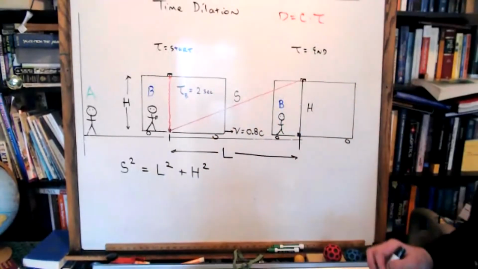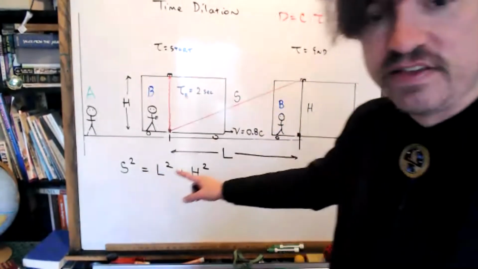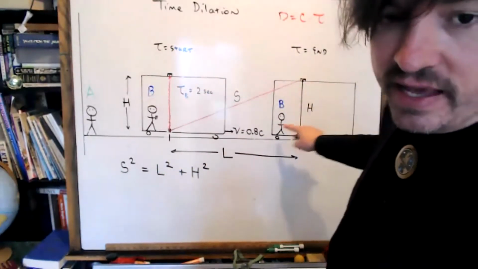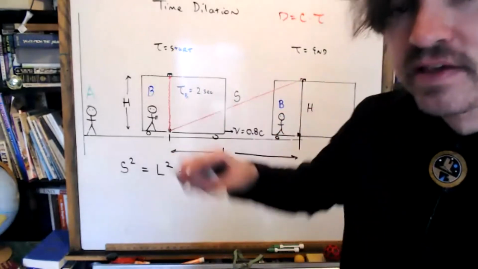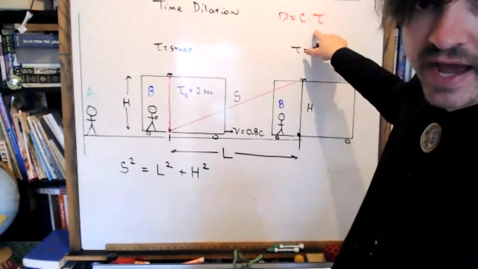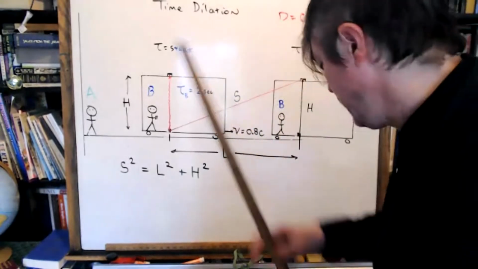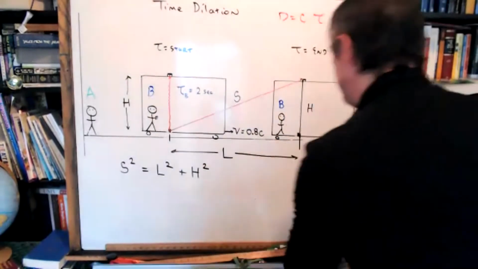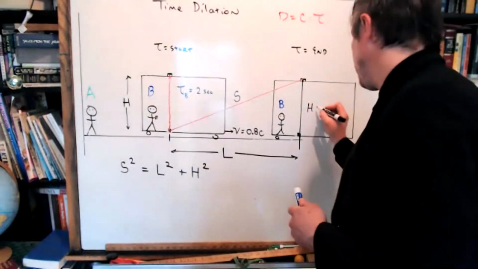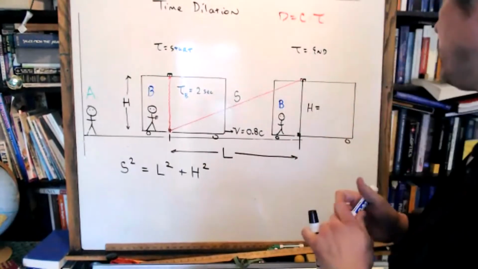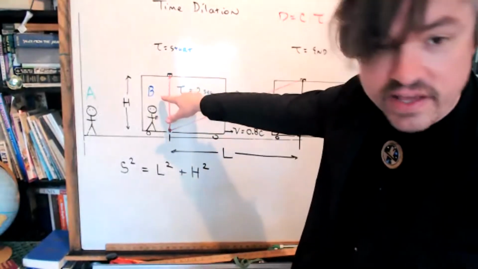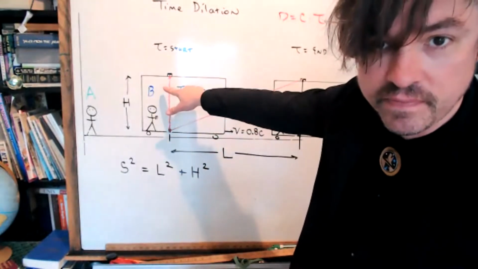Okay. Now what we're going to do is these are all distances or lengths. The height of the car is a length. The hypotenuse of the laser is a length. This is a length. Let's try to express them in terms of time using distance equals rate times time. So here's what we're going to do. Let's take an obvious one. The height of the cart. Would you guys all agree that the height of the cart is the distance traveled by the laser according to observer B?